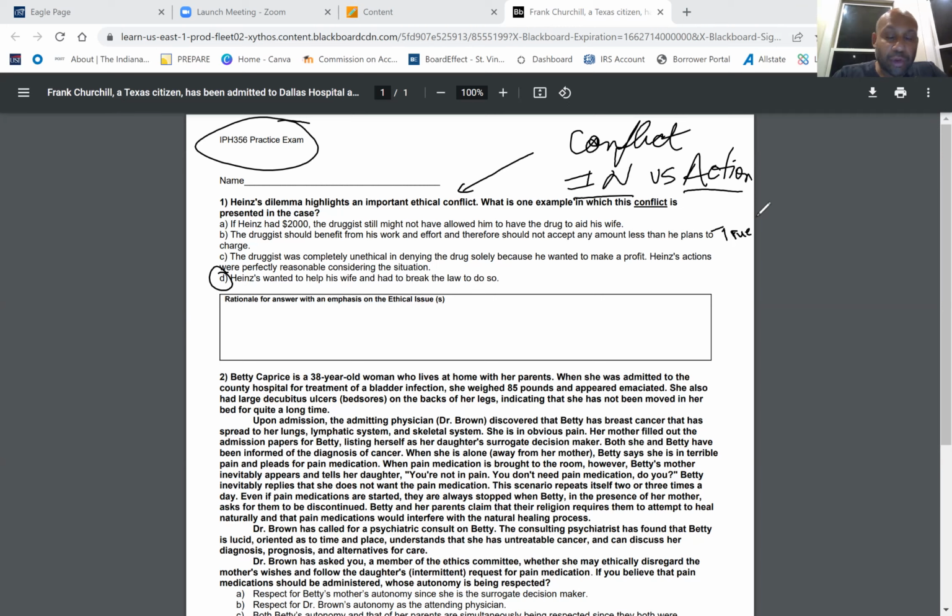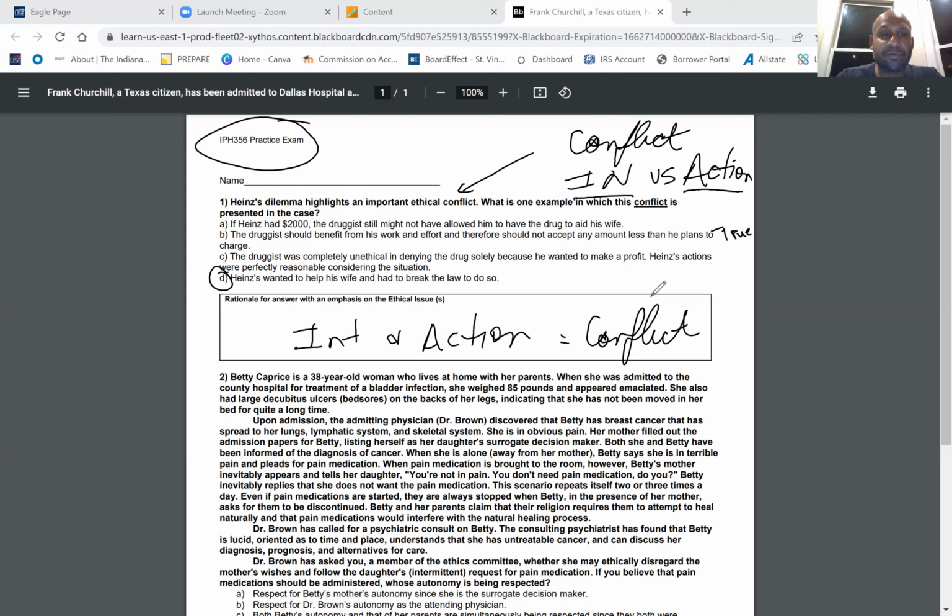And so in the rationale, you really need to make the case, including using the terms, that intention and action is really the conflict here. Has to be in here somehow. Now, how you do it, it's really up to you. But that really highlights this response.